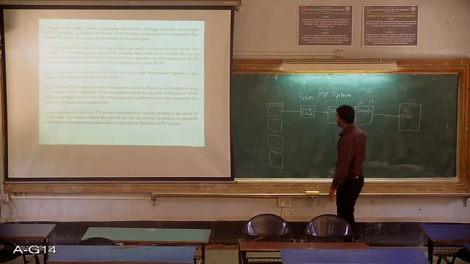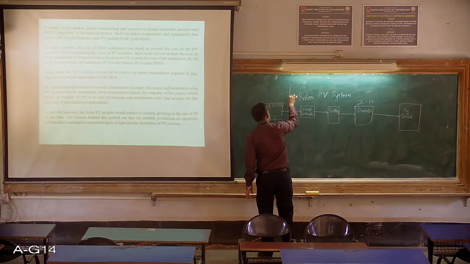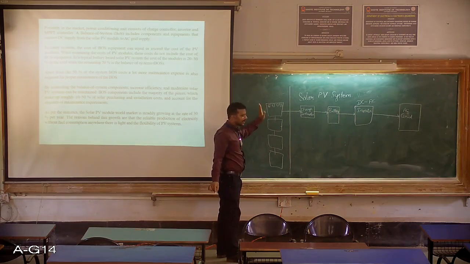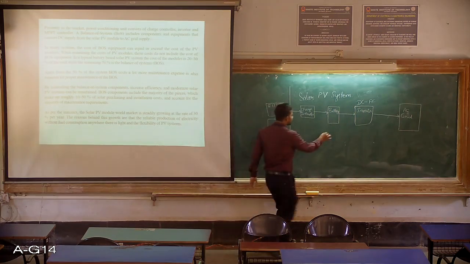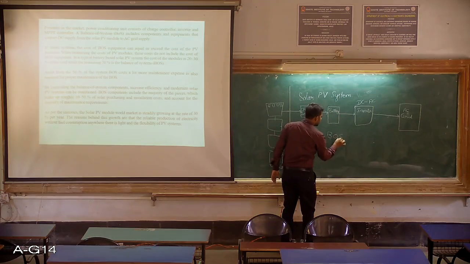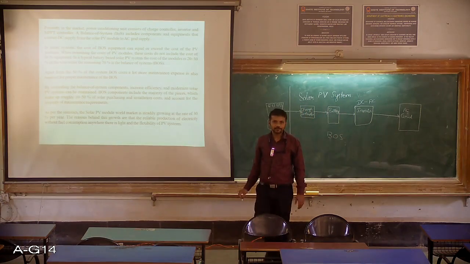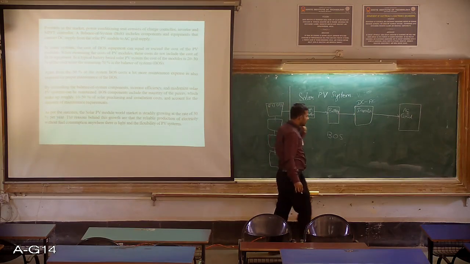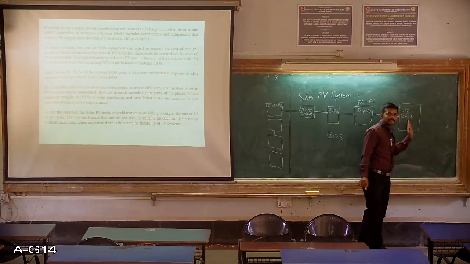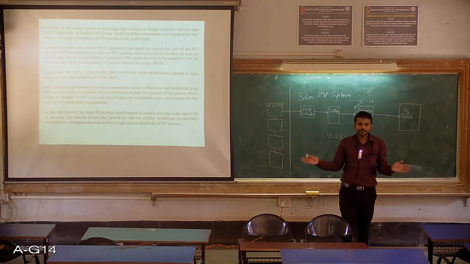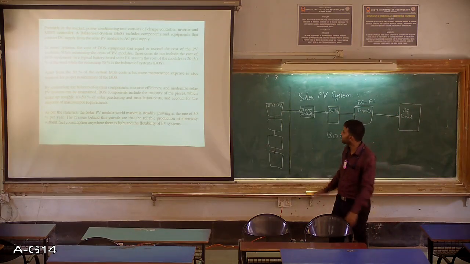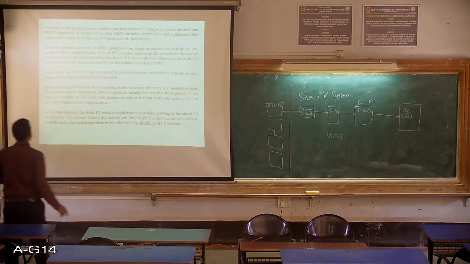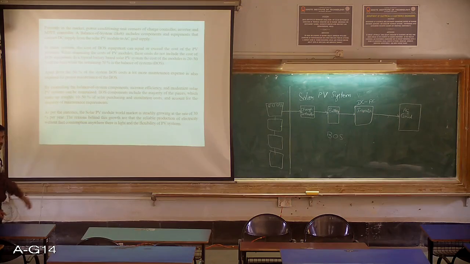grid. And now all the components except this PV system or the PV modules, we consider as BOS, balance of system. So balance of system means here DC is available, so till we integrate with the AC grid, whatever the system comes, entire setup we call it as the BOS. That is the meaning of that. And you can go through the second paragraph.